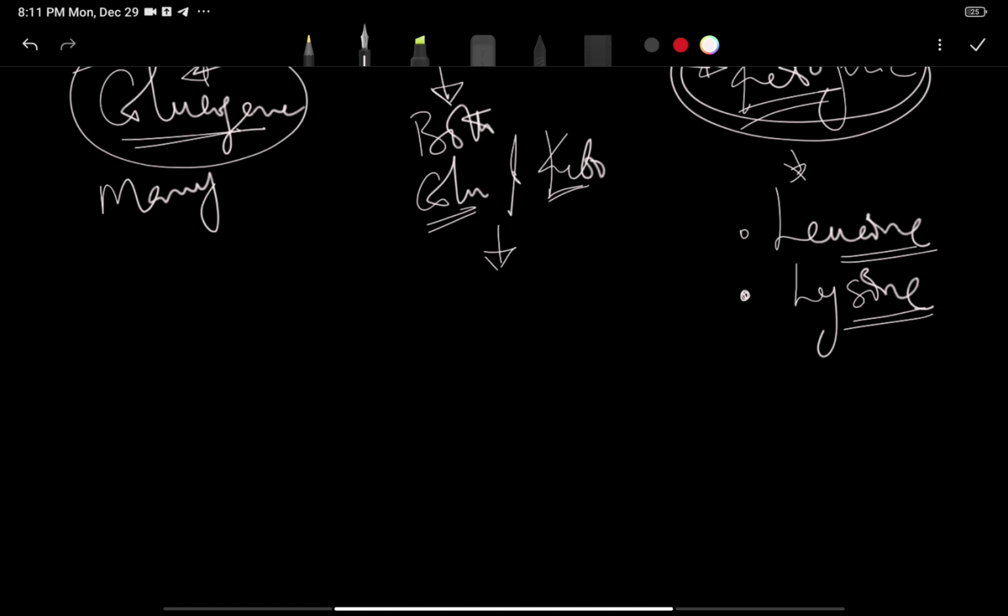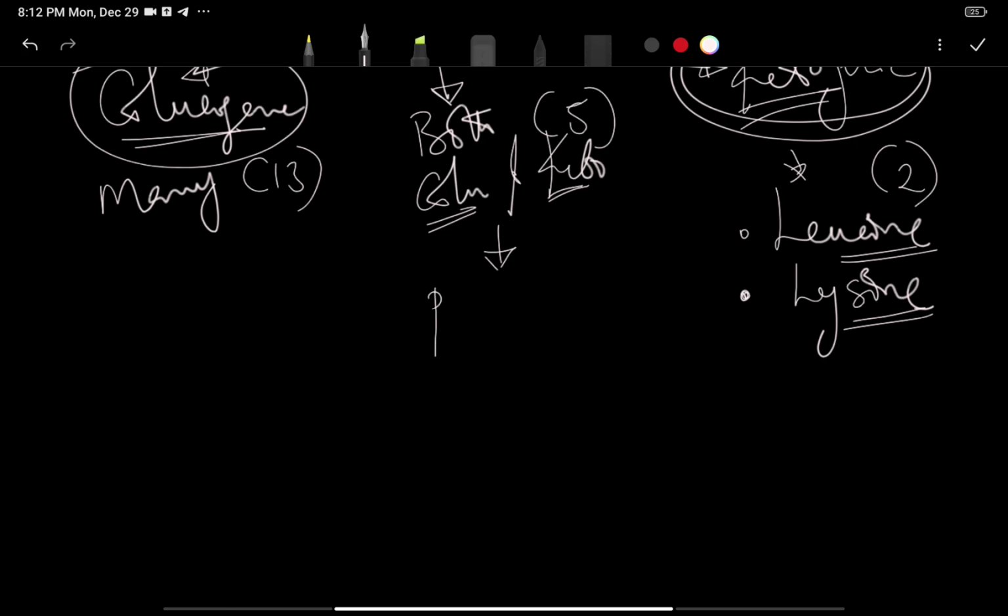Now, for the ones that are both glucogenic and ketogenic, there are just 2 of them here, meaning we have remaining 18. While on this side, 5 are both glucogenic and ketogenic, while the remaining 13 are purely glucogenic. Now, these ones that are both glucogenic and ketogenic, hope you remember your aromatic amino acids, right? What are they?